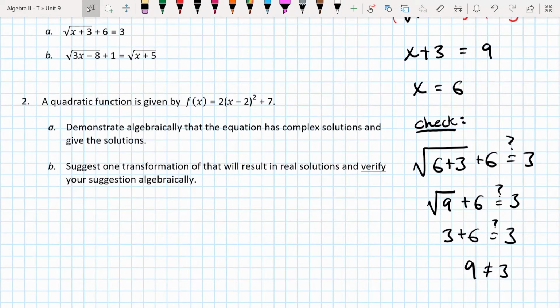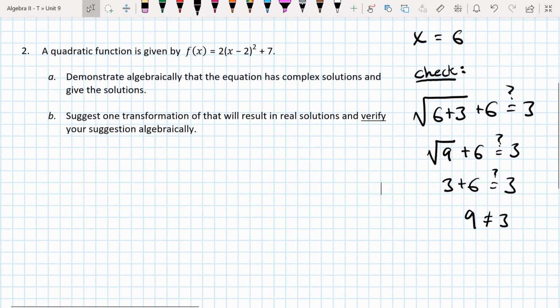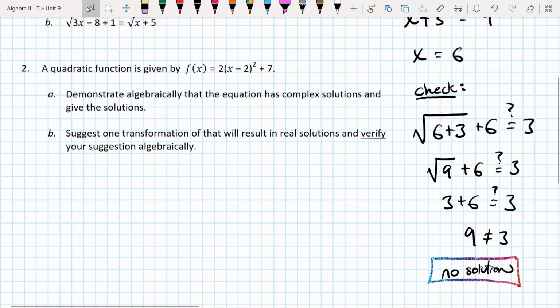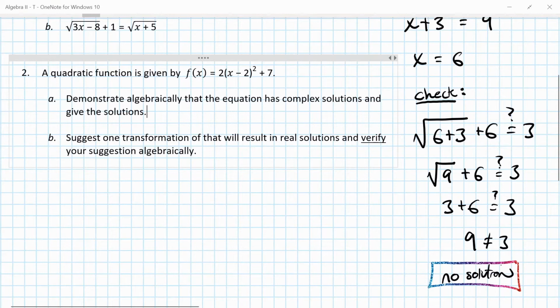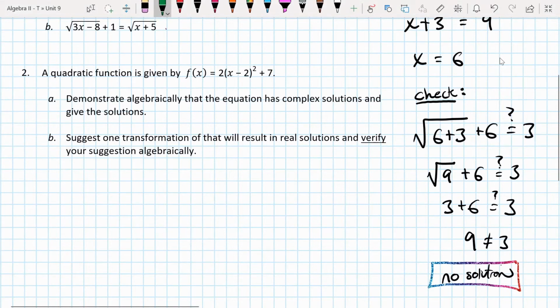So what that means is the only solution that we got when solving this algebraically is not actually a solution. So we'd say this question has no solution. And then to be a little bit more particular, x equals 6, we call this an extraneous solution.